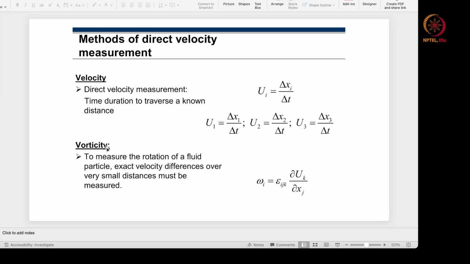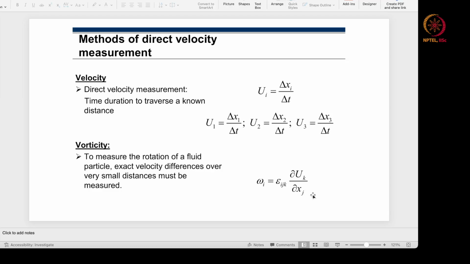Now, this is a direct velocity measurement, and sometimes it's doable. And then there is vorticity measurement. So this measures the rotation of a fluid parcel or a particle. Okay. And so you can see these are the cross derivatives. So this is the derivative of uk with respect to the other coordinates.